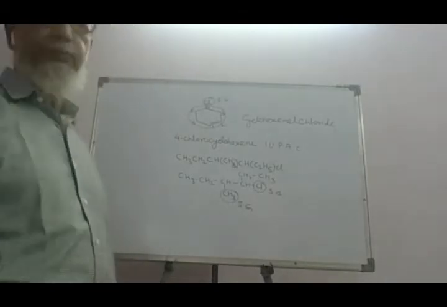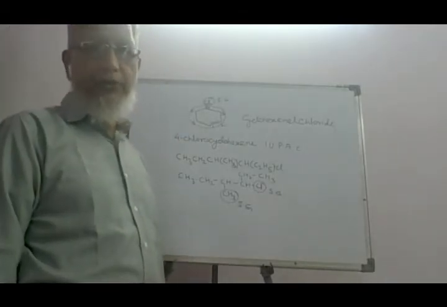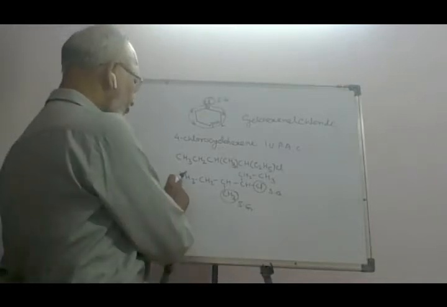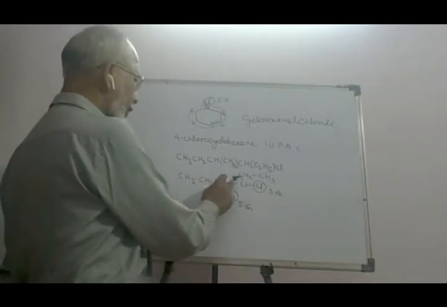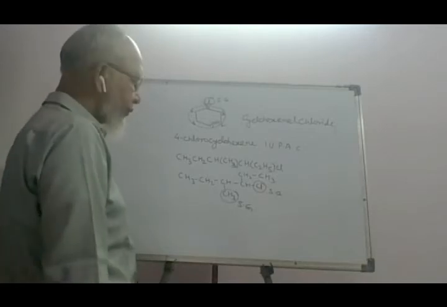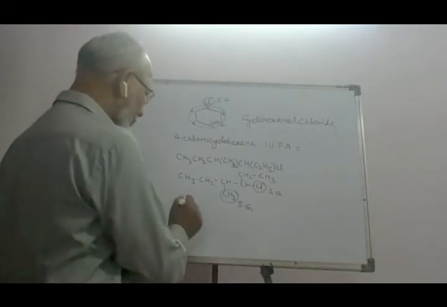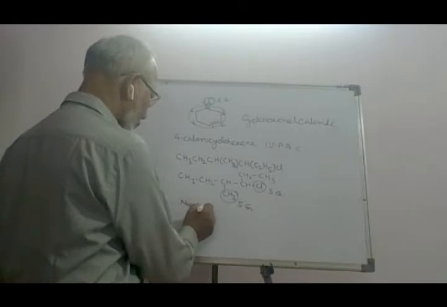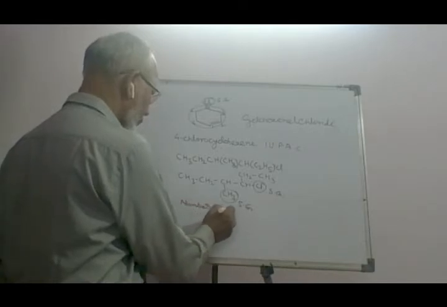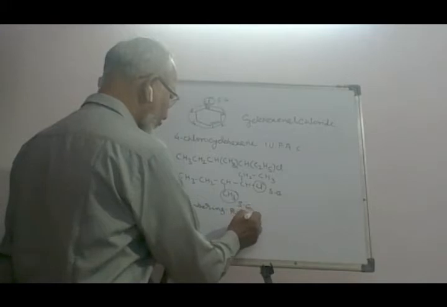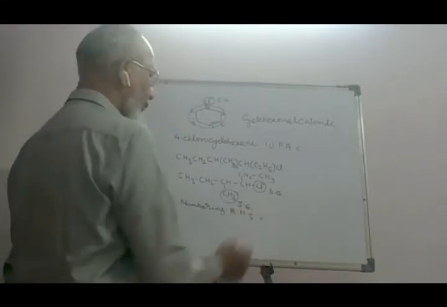But in doing so, we must not disturb the lowest sum rule. So the chain is of 1, 2, 3, 4, 5, 6 carbon atoms. The word root will be hex. If we start numbering from the left side or right side, whatever you may take, first the right side.